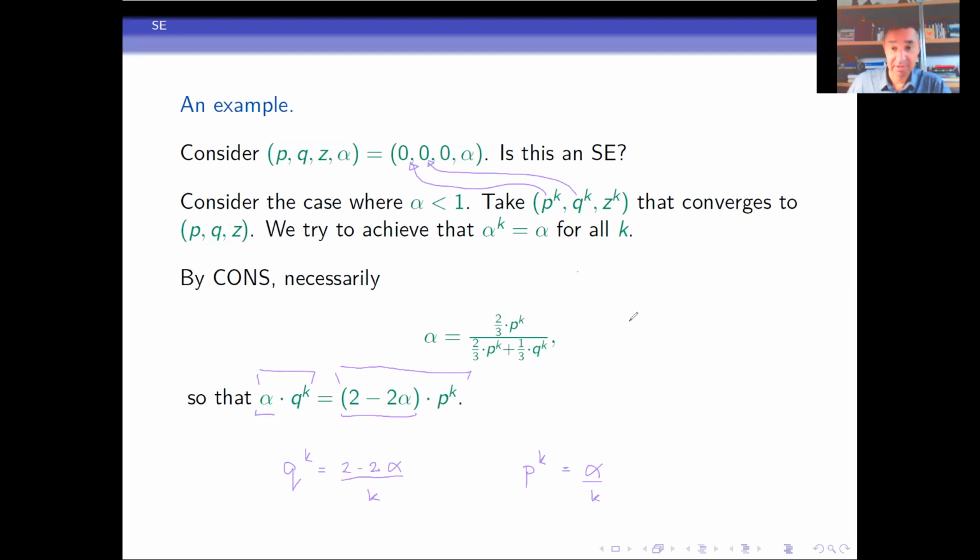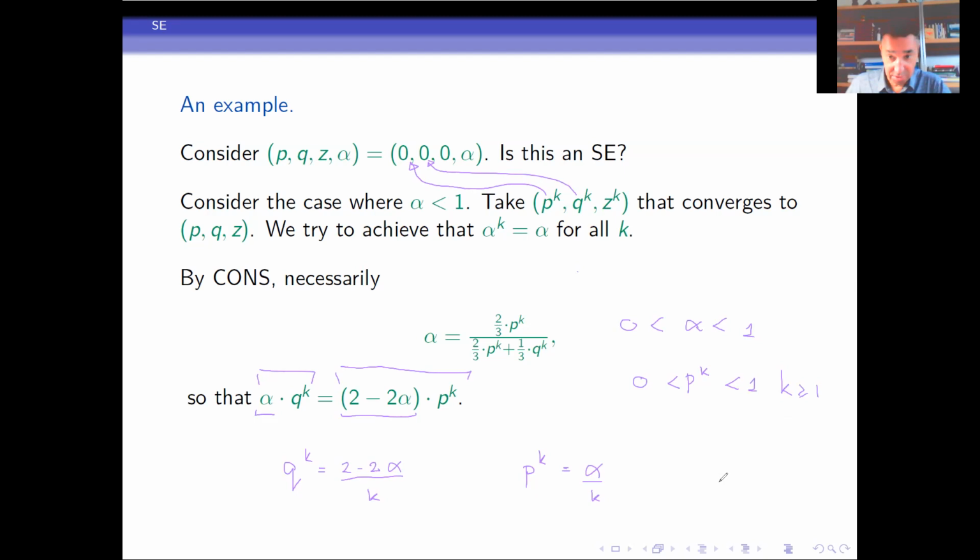And because the alpha is strictly between 0 and 1, you can see that now the pk is also strictly between 0 and 1, at least if k is larger or equal to 1.